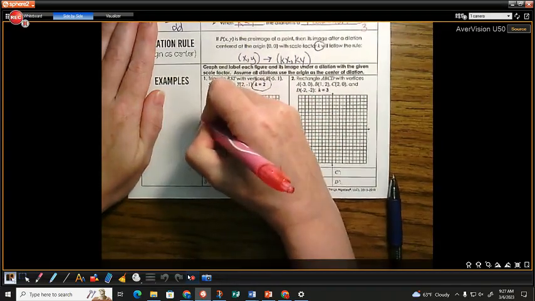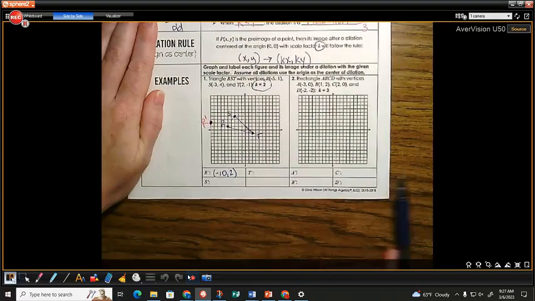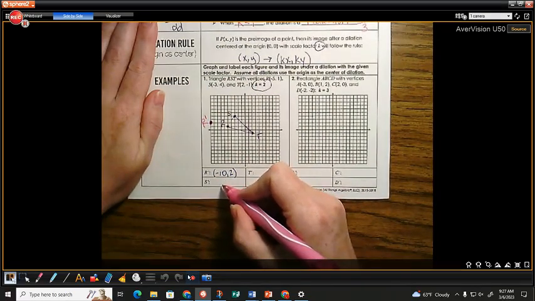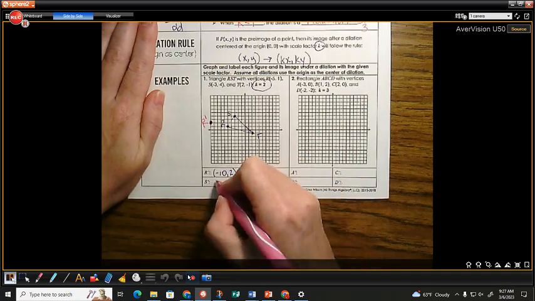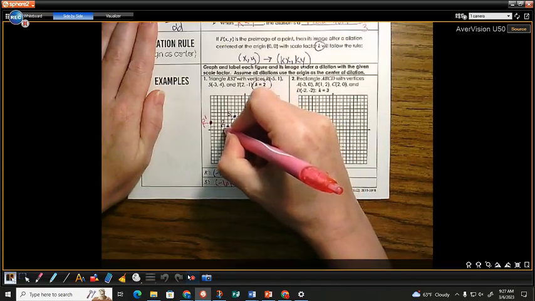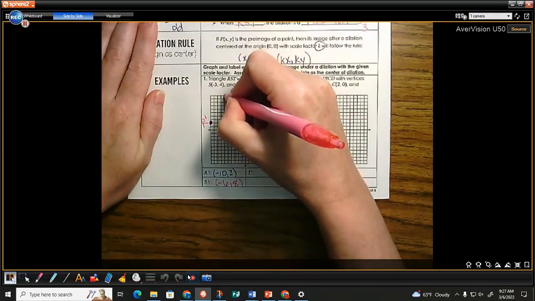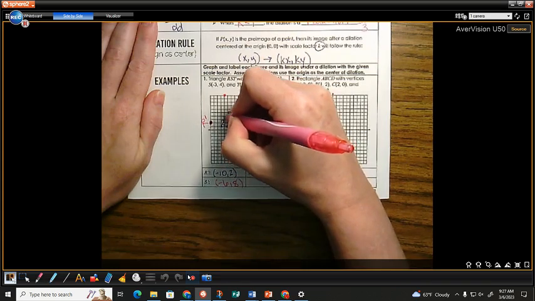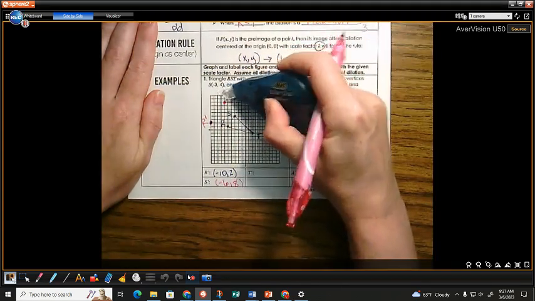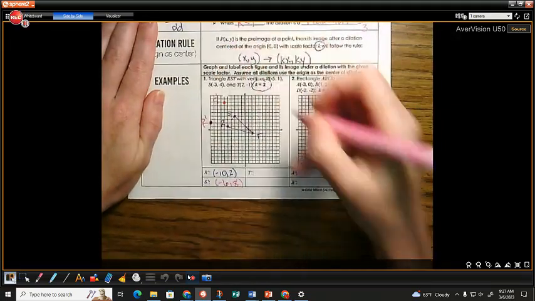So R prime is over here. And then S prime, what does it say here for S prime? Negative 6, 8? So that'll be negative 1, 2, 3, 4, 5, 6, and up 8. Sometimes these have 8 and sometimes they have 10. Okay, so there's S prime.